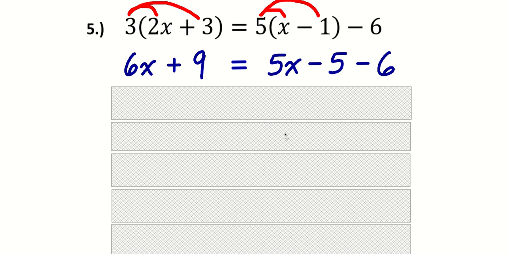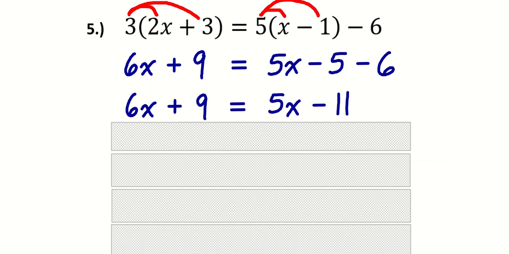So what would you do next? Are there any like terms that are combinable, already on the same side? Actually, yes. The minus 5 and the minus 6, negative 5 minus 6, you should just combine those.